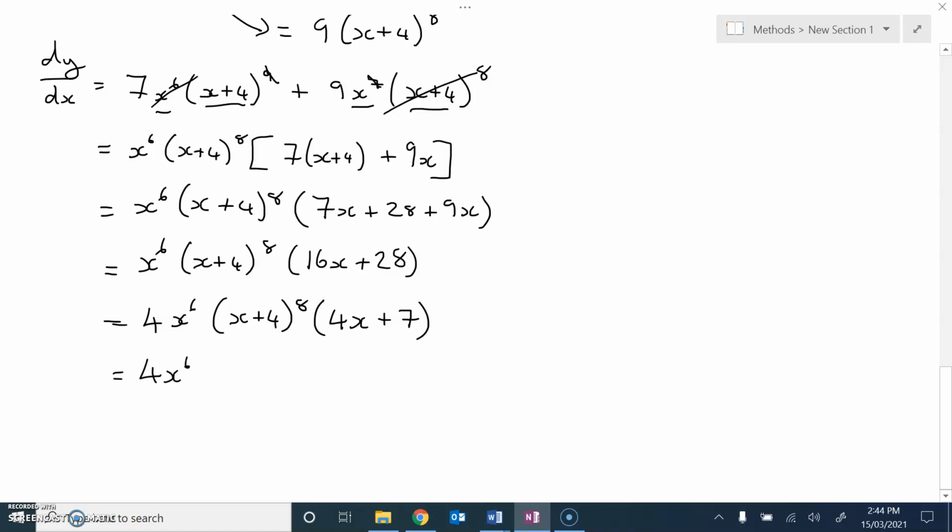It doesn't really have to be like this, but just to put them in order of power. That's the derivative. So we had a product rule, but we had a chain rule inside of the product rule. All good.